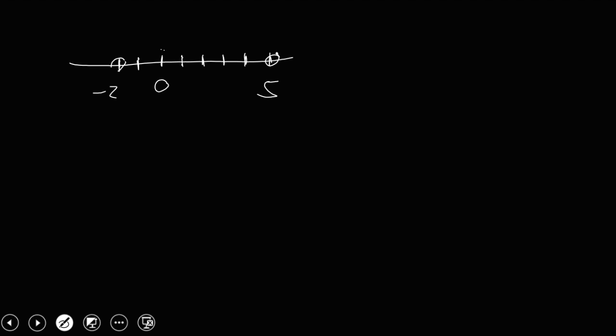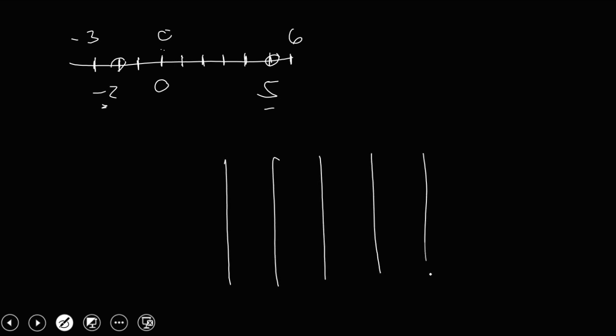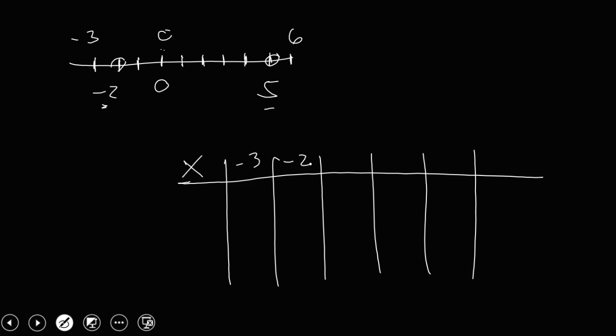Then the test numbers we have before negative 2 is negative 3, between we have 0, after 5 that's 6. Then on a sign analysis table, x is negative 3, negative 2, 0, 5, and 6.